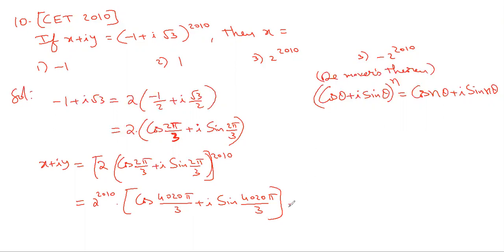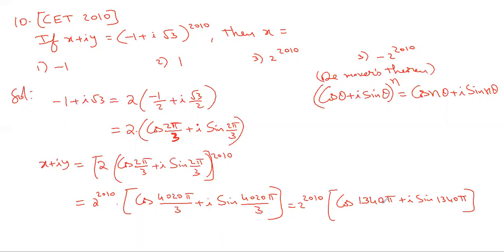And what is this? 4020 is a multiple of 3. And if you divide this, what you get? Cos 1340 pi plus i sine the same number 1340 pi, right?